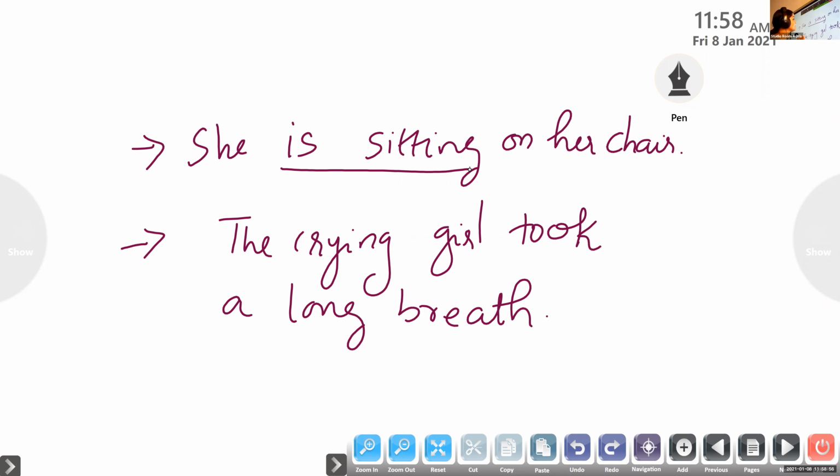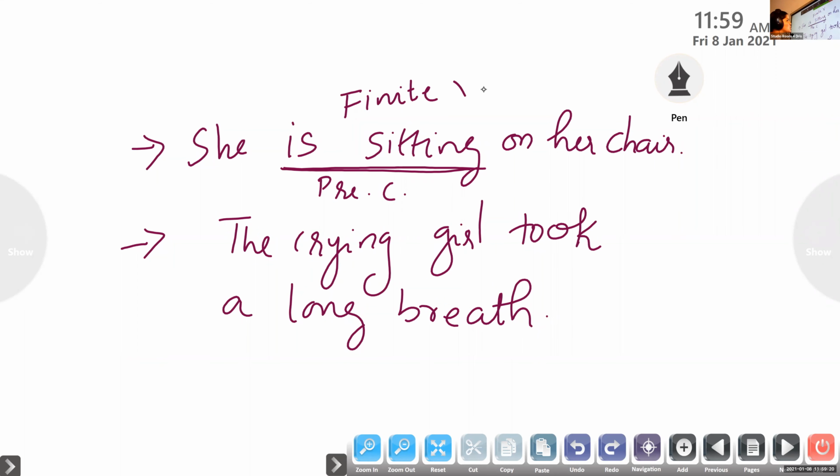Why? It is present continuous. It is present. It has a tense form. It is actually there in present continuous form. Clear? So this one is an example for a finite verb.